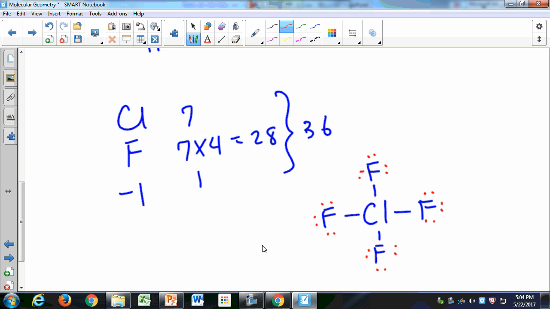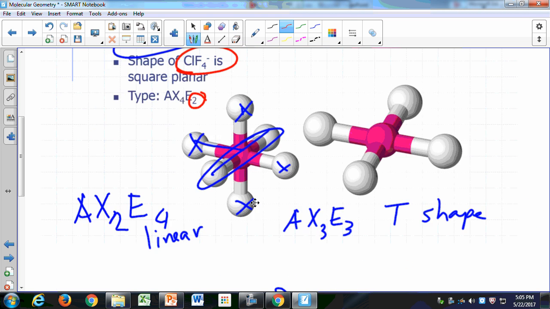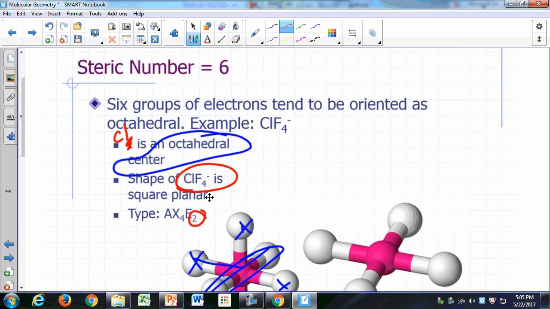That's 4 times 8, which is only 32. We have 36 valence electrons, so we need 2 more lone pairs on the chlorine. That makes 34, and that makes 36. So ClF4 with a -1 charge is an ion with a central atom with a steric number of 6. So it's got an octahedral center.